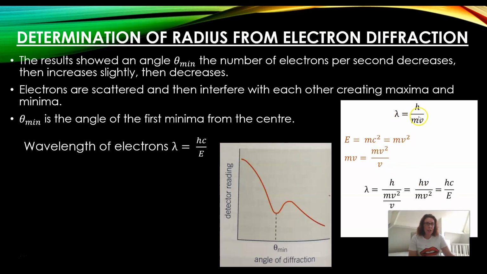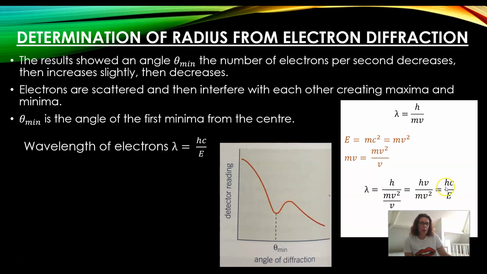So lambda is h over mv. mv is the same as mv squared over v, so I've substituted that in instead of mv. This v will go to the top, so you get hv over mv squared, and mv squared is the same as E. So I've substituted E in there, and then I've put the c back for v.